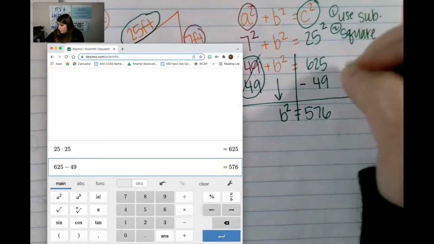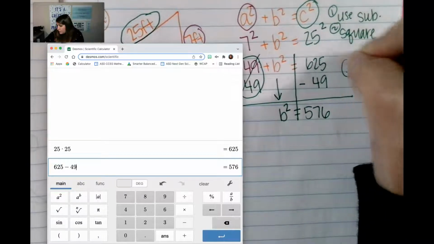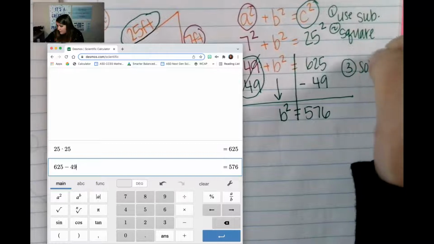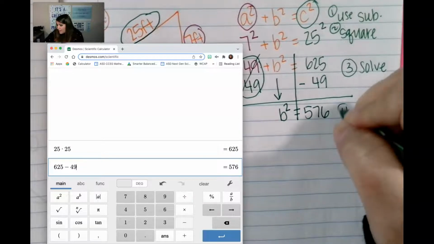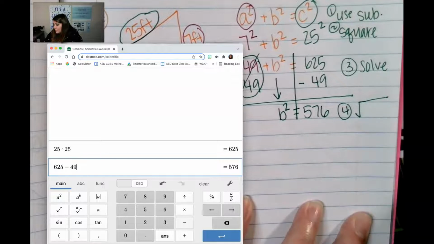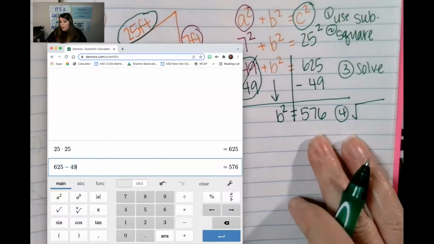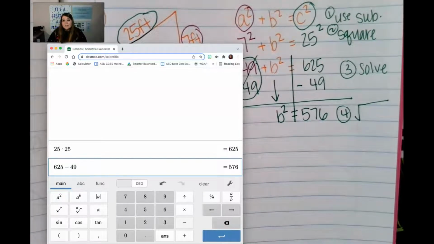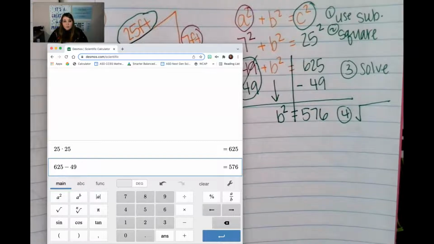So I solved. So step 3 is solve. And step 4 is going to be to find the square root of 576. So I'm going to find the square root of 576.